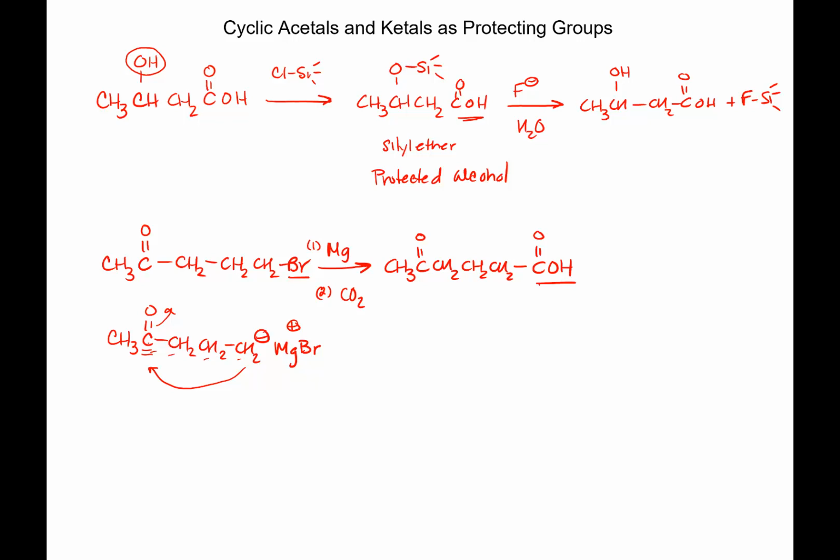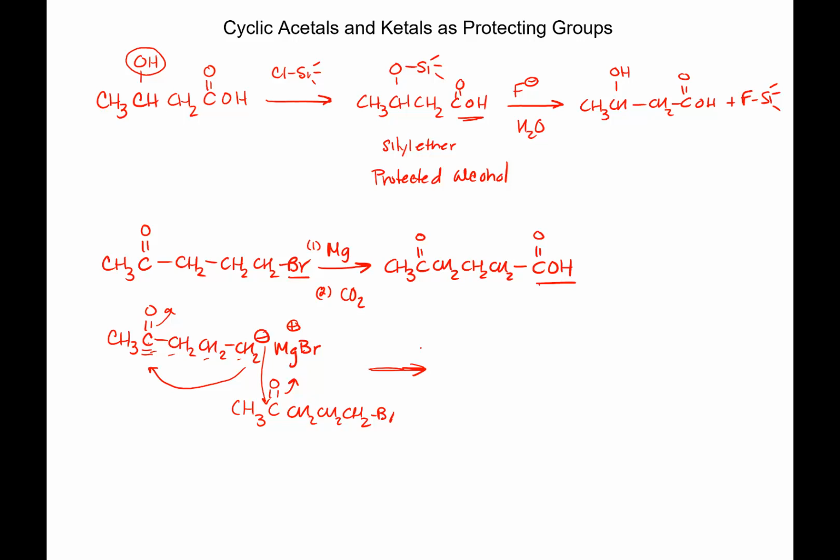Probably not possible, but the other thing that would happen is there's certainly another carbonyl molecule in there. And so once I form that Grignard, that C- could come down and attack the carbonyl of another molecule, and it would go ahead and make that alcohol.